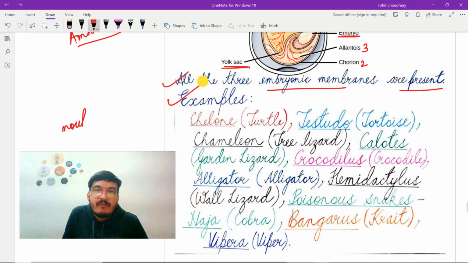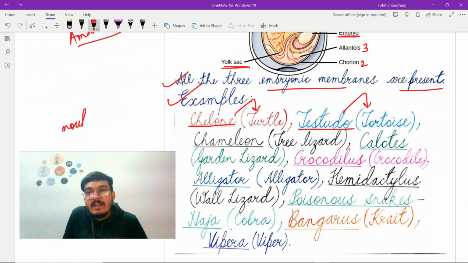Let's study some of the examples of class Reptilia. Chelone, commonly known as turtle. It is an aquatic form. Testudo, commonly known as tortoise, it is a semi-terrestrial form. Chameleon, commonly known as tree lizard. Chameleon has an arboreal life, that means living in trees.